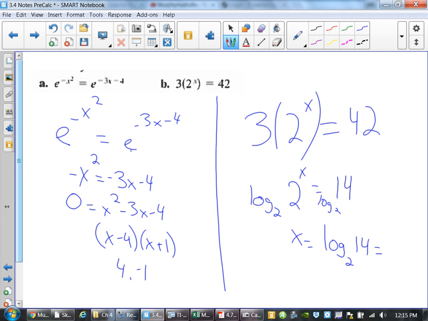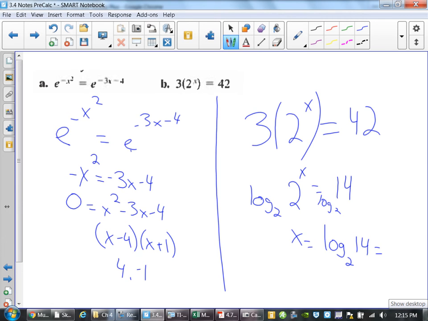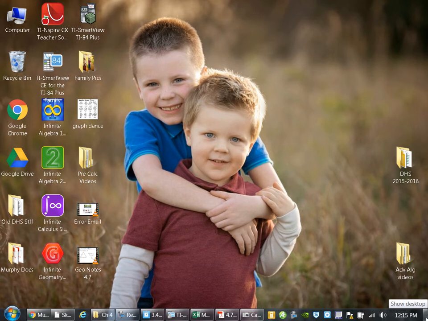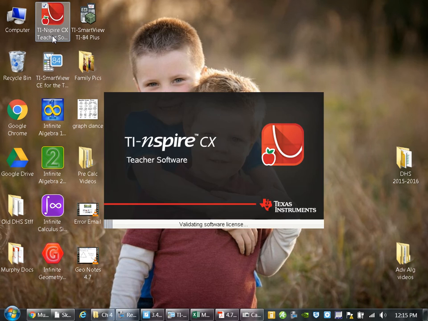Now, in your calculators, if you want to get to the log base, as soon as you hit log on yours, it's going to ask you for the base. These things take forever to load.